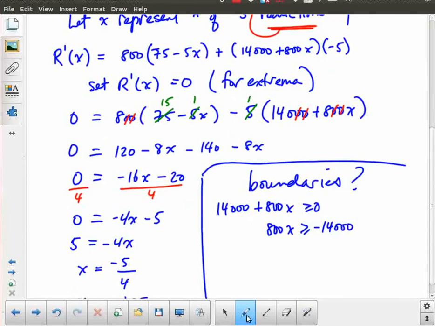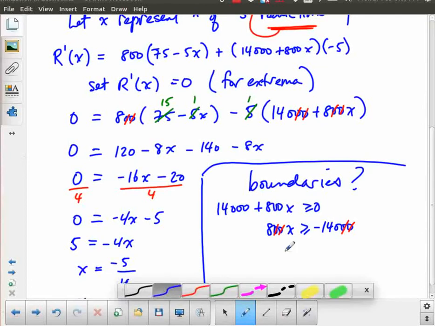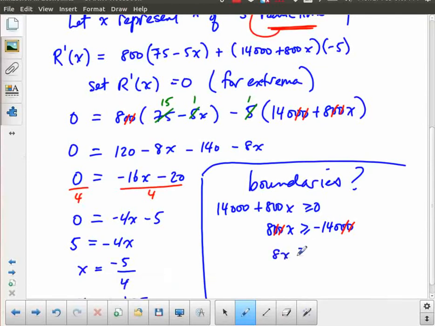And like I did before, I'm going to divide by 100 immediately, just to make that a little bit easier to deal with. And so I end up with 8x is greater than or equal to negative 140. X is greater than or equal to, and that works out to be negative 17.5. And we could leave that as its exact value as well, which works out to be negative 35 over 2. So either of those is fine. So that's one of our boundaries.